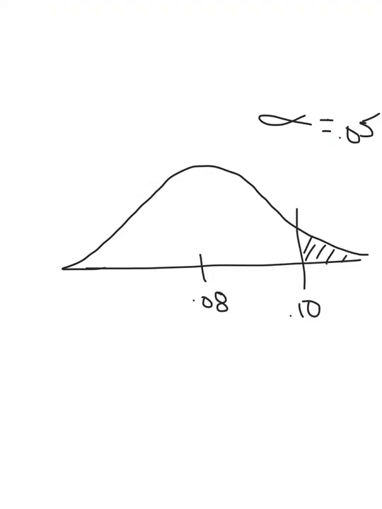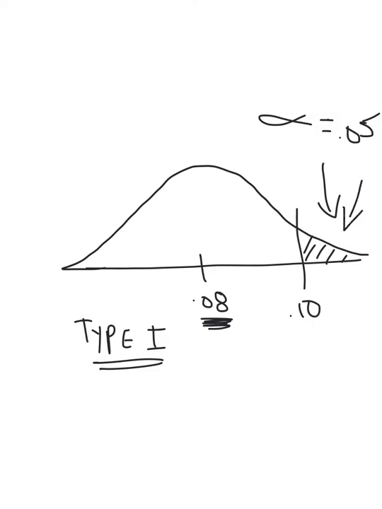Now there are two types of errors we can make. We can make a type 1 and a type 2. So a type 1 error is when you just happen to get a bad batch of potatoes, right? You get this sample that's up here, but actually this is true. It's really 0.08, but you made a mistake because you got a bad batch. So if you're up in here, you're going to reject this truckload of potatoes, okay?